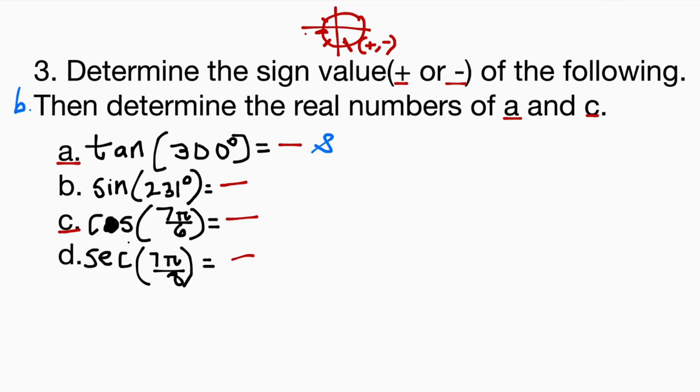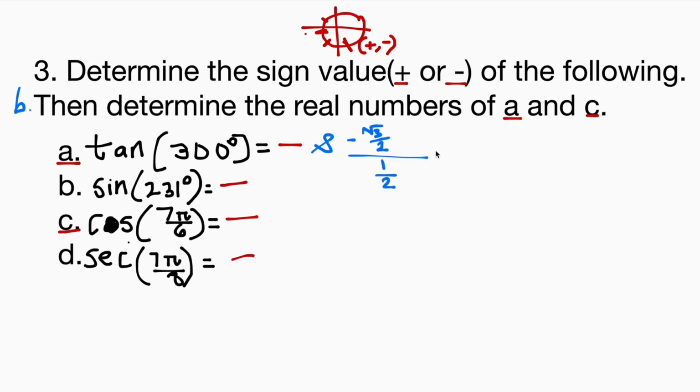We should have memorized this. Our tangent is opposite over adjacent. So our opposite value is negative 3 square root 3 over 2, then our adjacent value is 1 over 2.